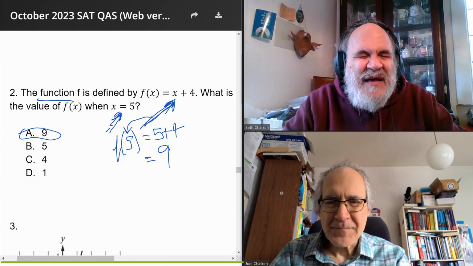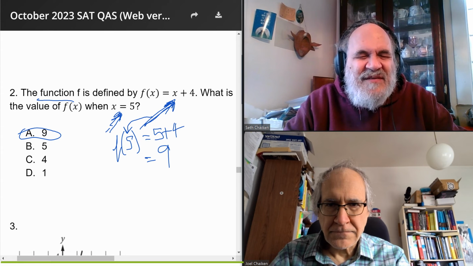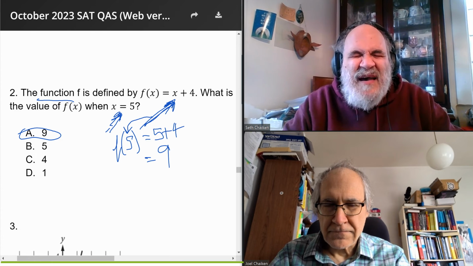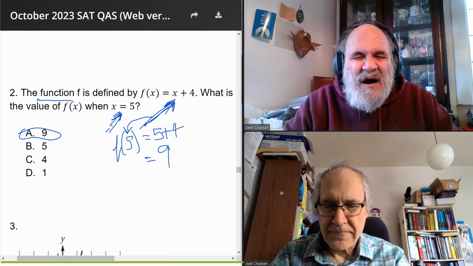The function means that the input could be any number, and the output is the number that's calculated when the input number replaces the x, the symbol within the formula. The number is calculated from the expression obtained by replacing the x by the input number.